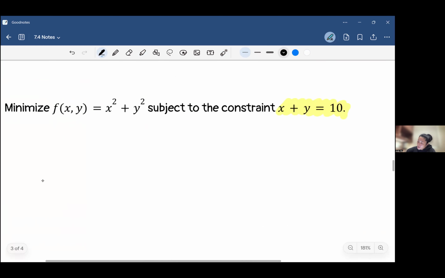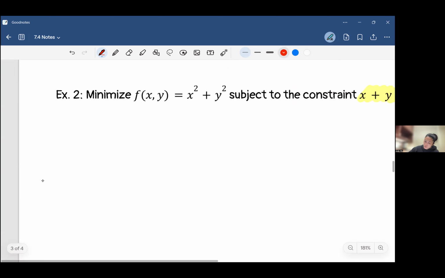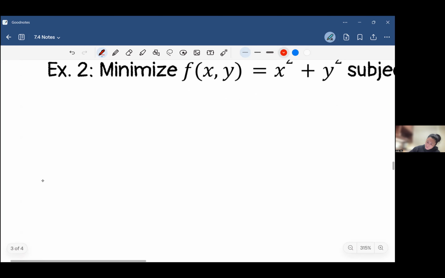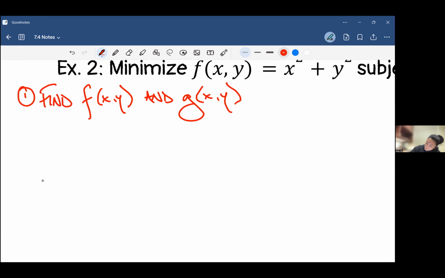Okay. So in order to make the thing in the yellow our g of x, we'll have to set that equal to 0, which means I'm going to have to subtract that 10 to the other side. Now we're going to go through all the steps, but I just wanted to preview that idea a little bit. So step number 1, we're going to find our f of x,y and our g of x,y.